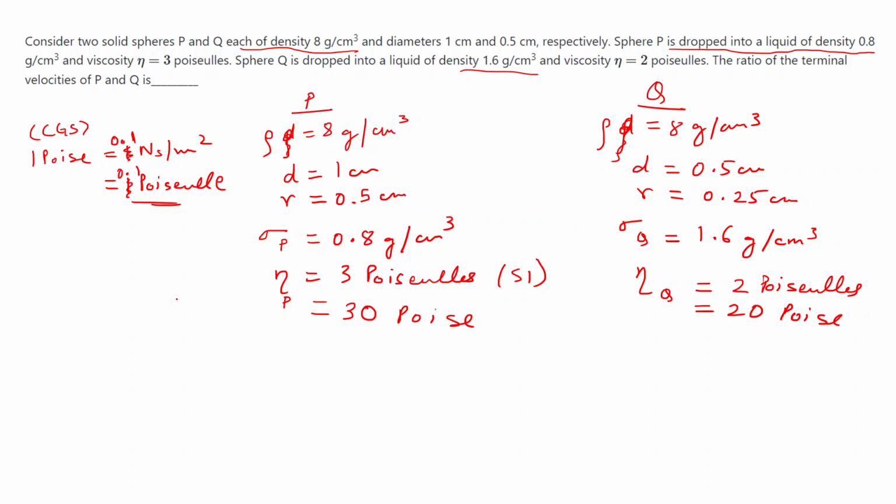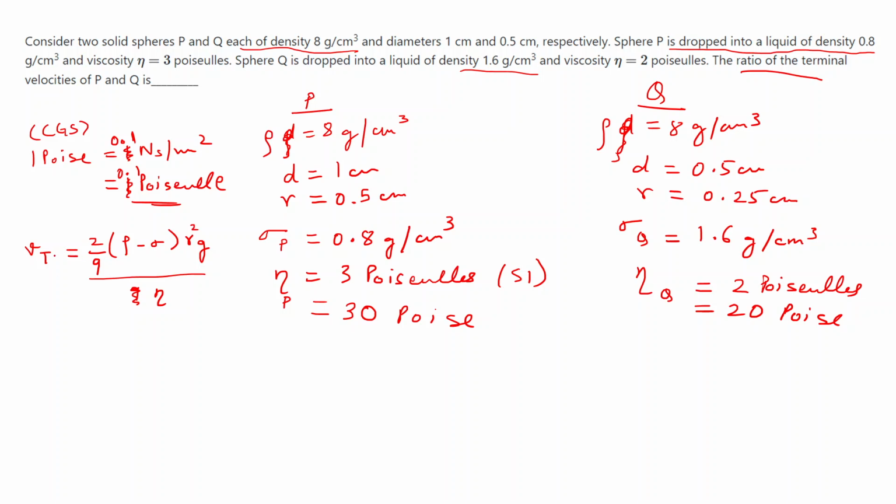Now we need to find the ratio of the terminal velocity of P and Q. Recalling that terminal velocity is given by the expression 2/9 times the density of body minus density of liquid, times r square, times acceleration due to gravity, divided by eta.